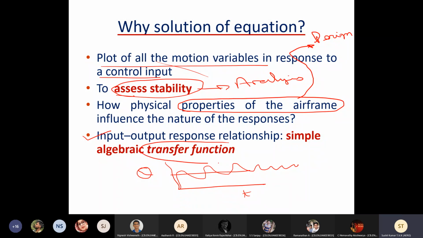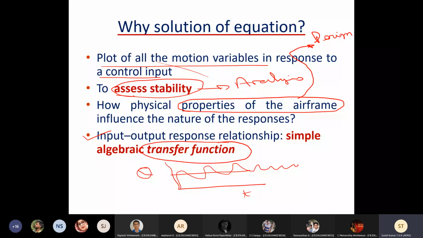Whereas once you have the transfer function approach, you know which parameter, let's say the tail plane area, is affecting the damping ratio. That sort of statement you can make in the transfer function approach, which is not possible in the state space. So this, in a nutshell, is what we are trying to do.